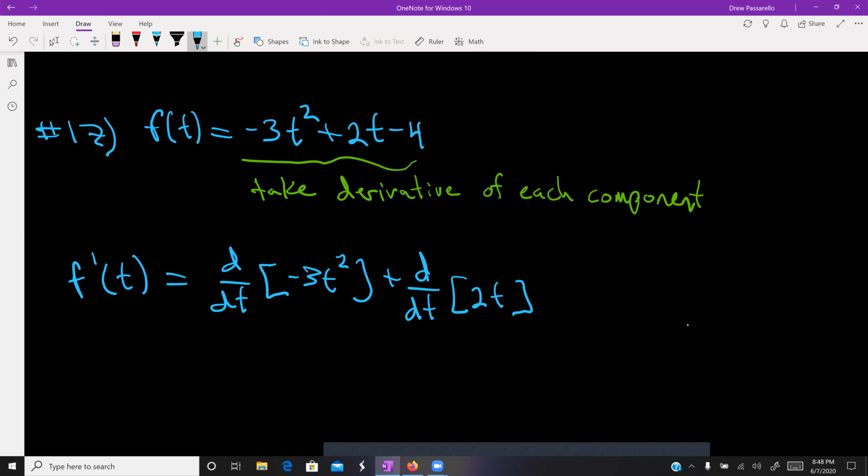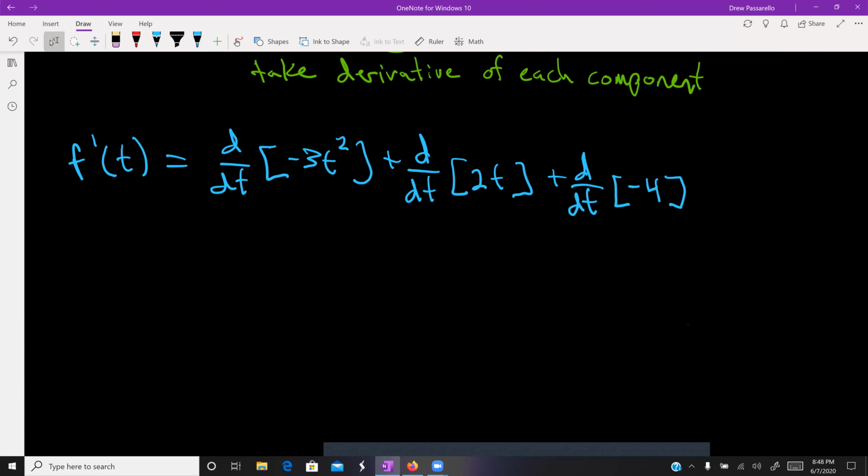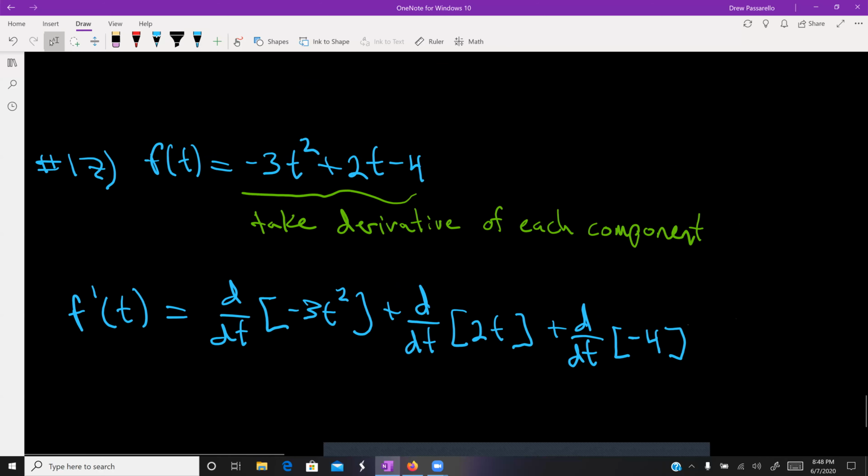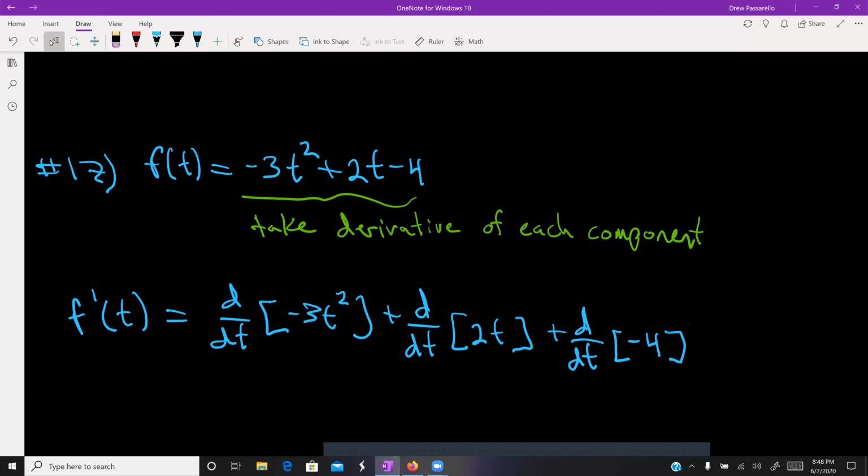And then the derivative of the third component, and that's negative 4. I'm doing this step by step here, putting the d/dt part to emphasize I'm taking the derivative of each individual component or each term.